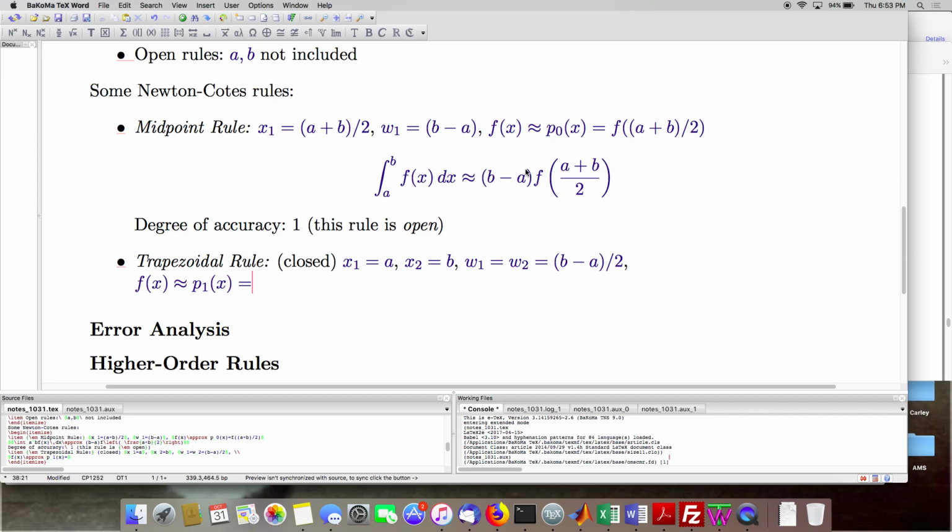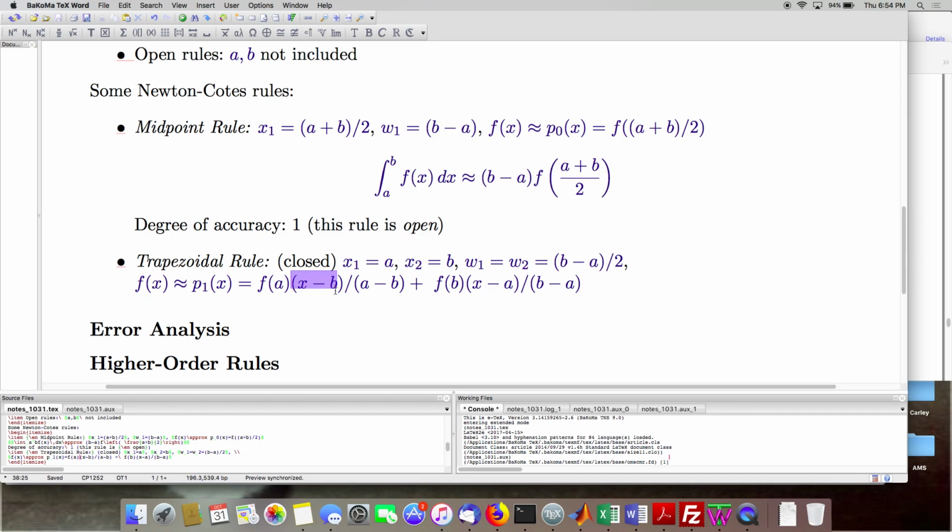It's going to be a linear function that agrees with f at the points A and B. So it's equal to f of A times x minus B over A minus B, plus f of B times x minus A over B minus A. When I plug in x equals A, this term goes away, and you have A minus B over A minus B, which cancels, and you get f of A. If I plug in x equals B, this goes away, I have B minus A over B minus A, which again cancels to 1, and we get f of B.